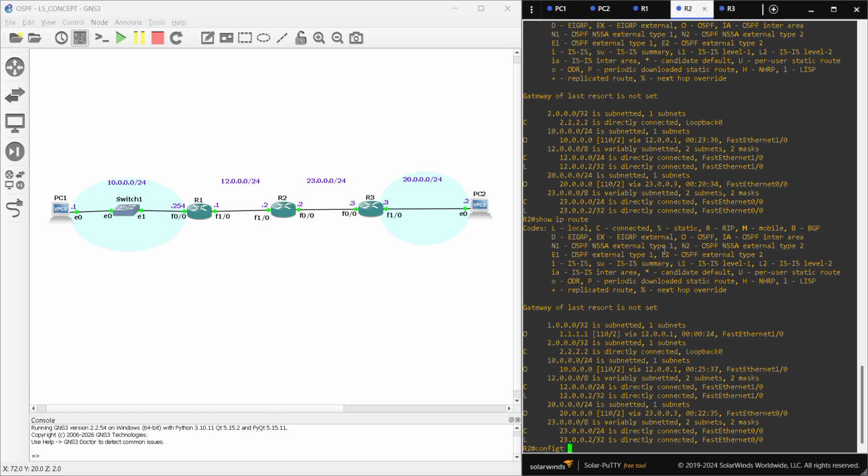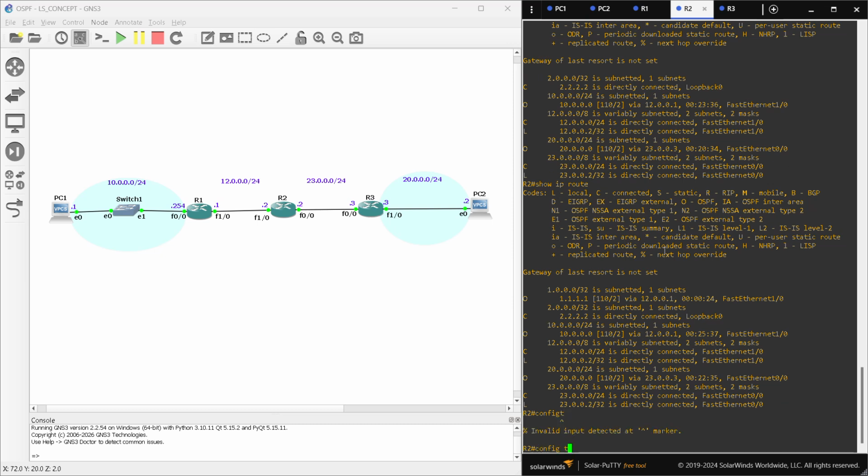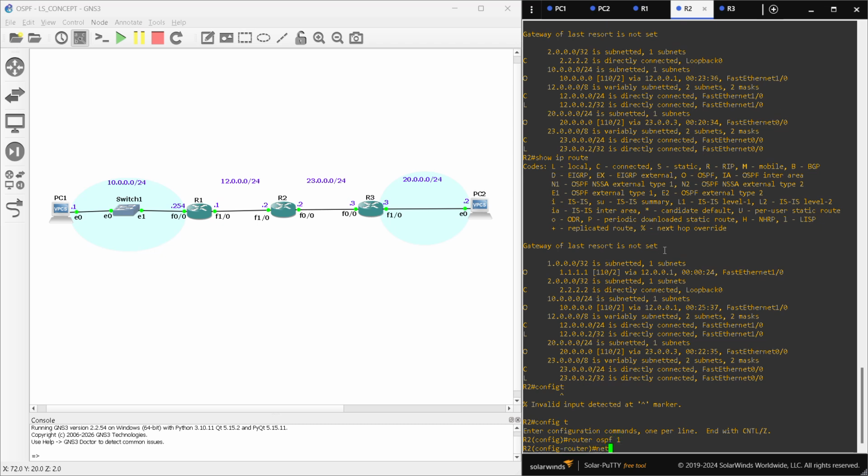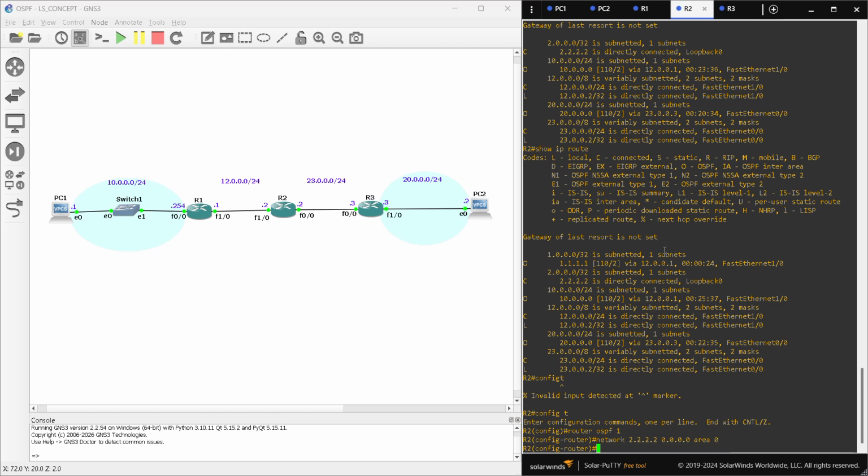We'll say configure terminal, router ospf 1, and then we'll give the network. We'll give R2's loopback address along with the inverse mask of all zeros, and then area, and we'll use the first way, just area 0.